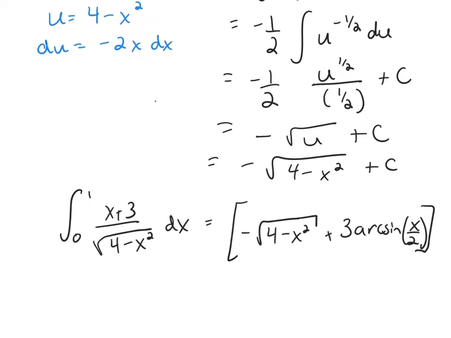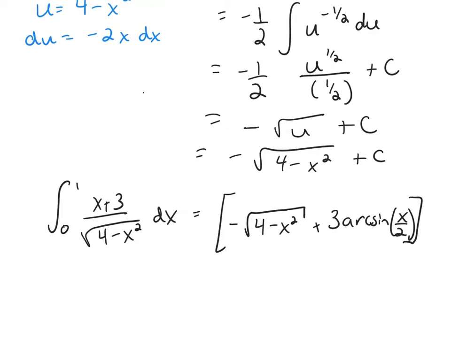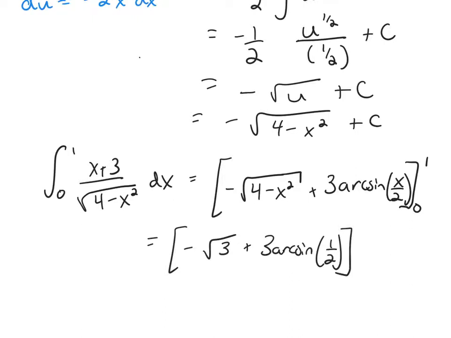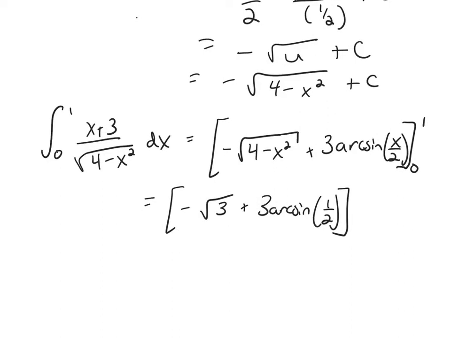And then you need to plug in your bounds, which were 0 and 1. So we're going to start with the top number 1. If I plug in 1, you'll get negative square root of 3 plus 3 arc sine of 1/2. And then you're going to subtract, plug in 0: negative square root of 4 plus 3 arc sine of 0.